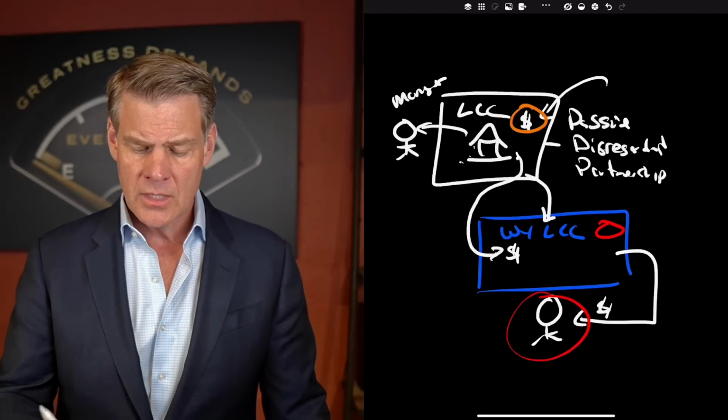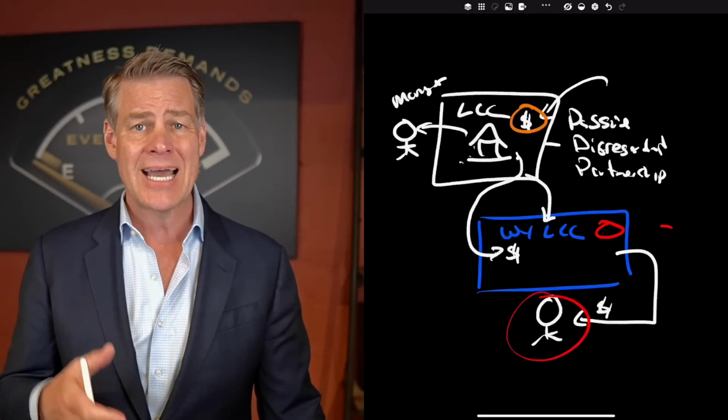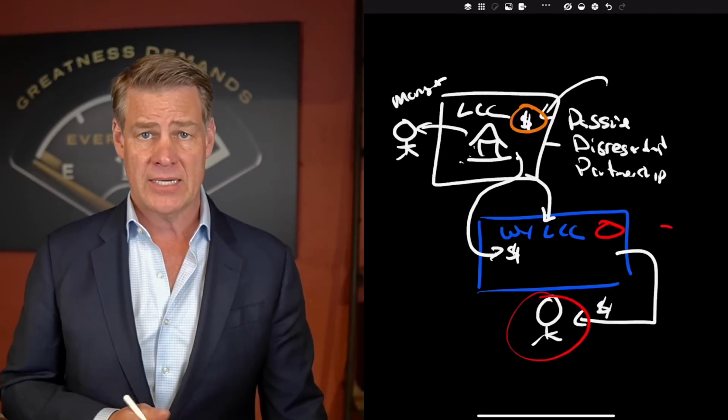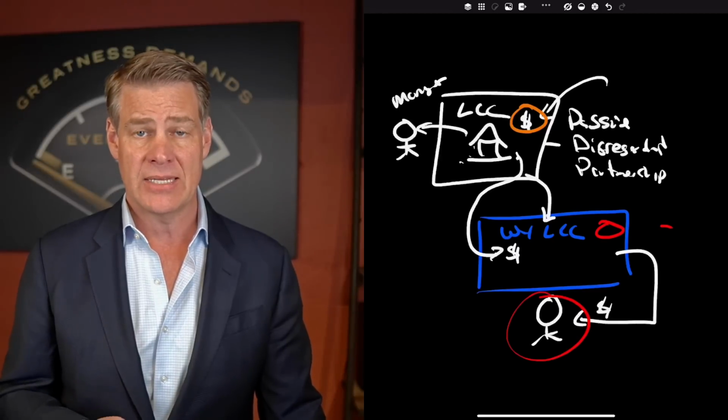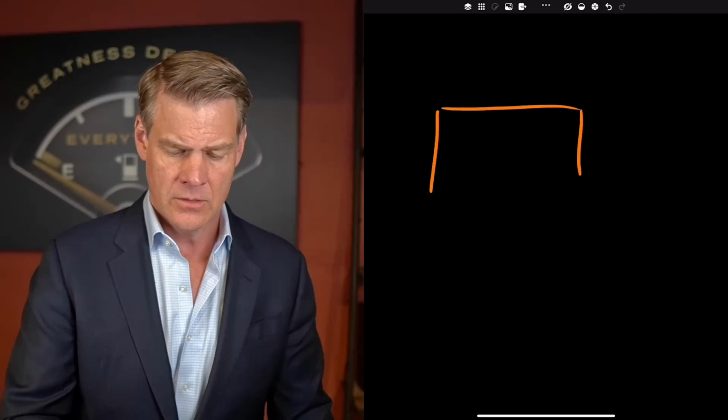Now, another scenario that we're going to look at is what happens if the income is not from this type of activity, from a passive activity. It's generated from an active type of business, such as flipping or wholesaling. Okay, so in that case, what you'll do is you'll have your company.